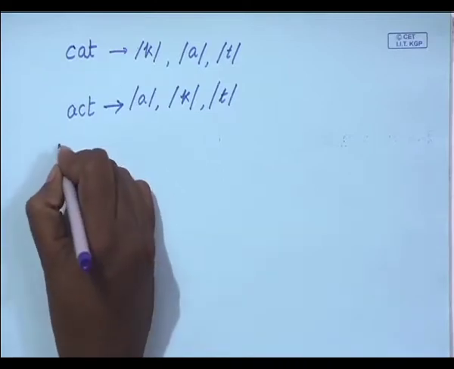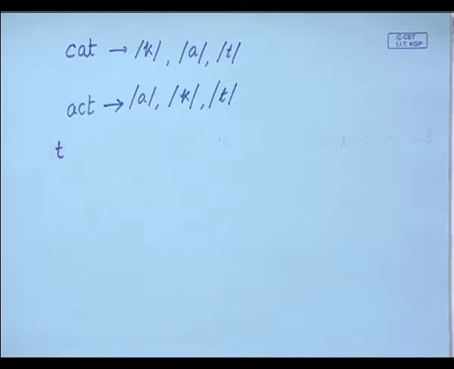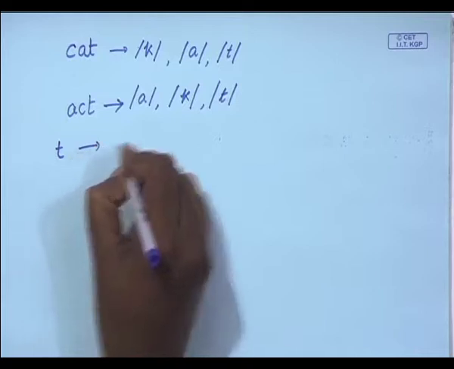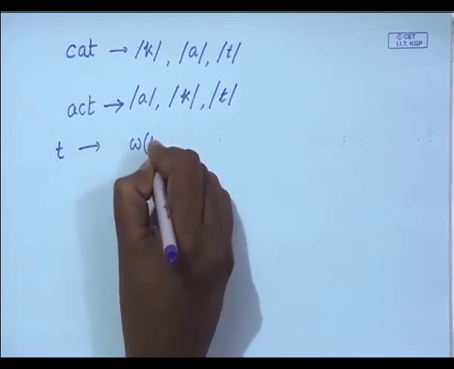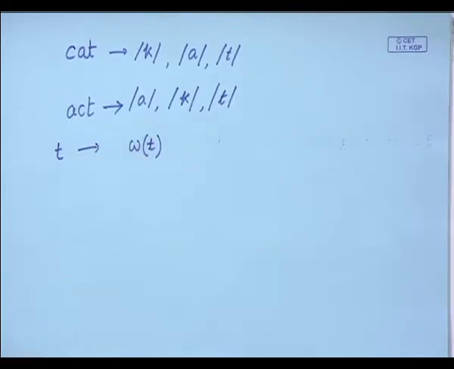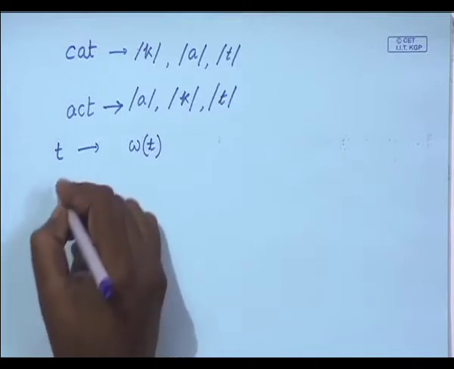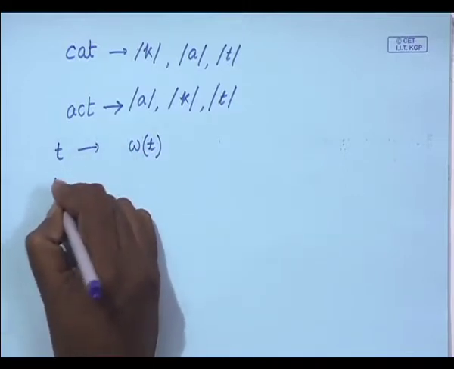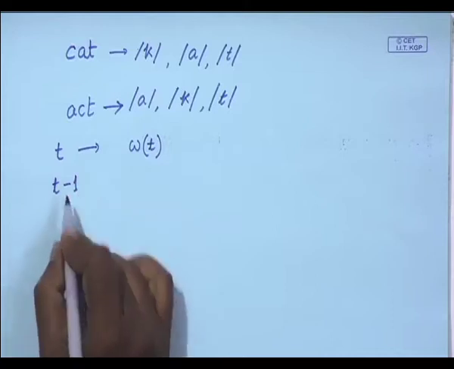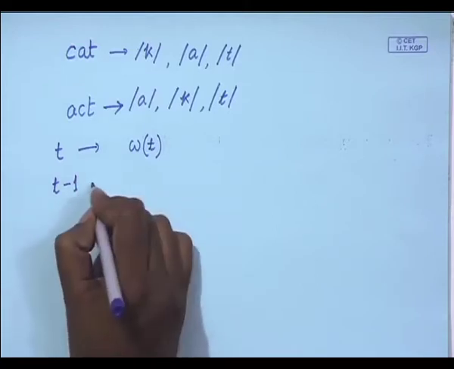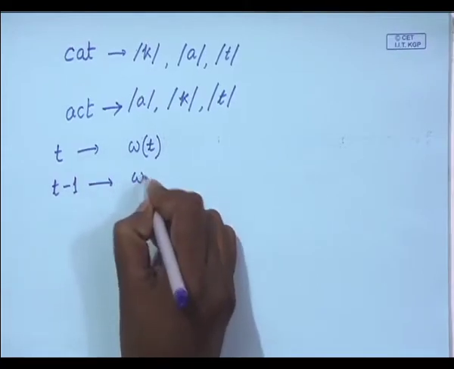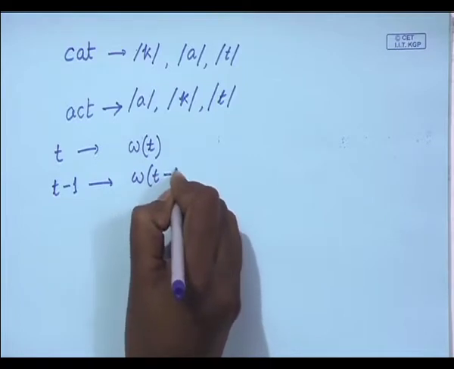So, we have a set of states and a set of output symbols. At time instant t, the machine can be at state omega t, and at the previous time instant, t minus 1, the machine can be at state omega t minus 1.